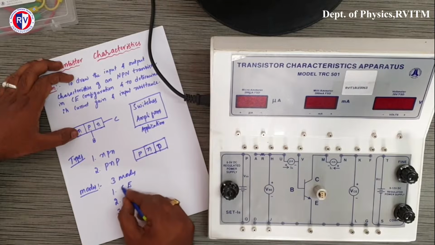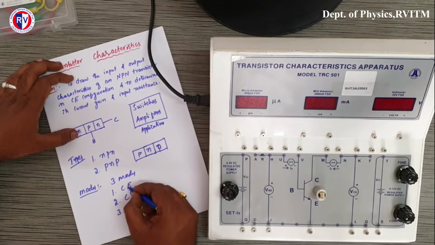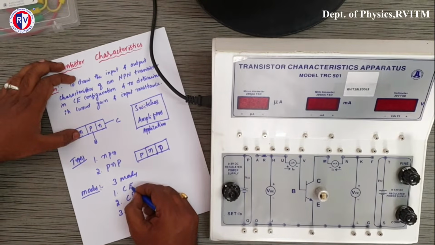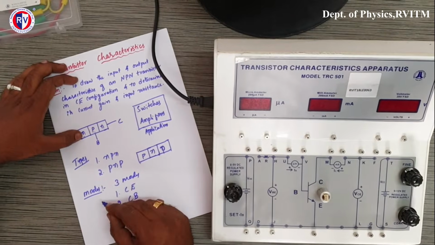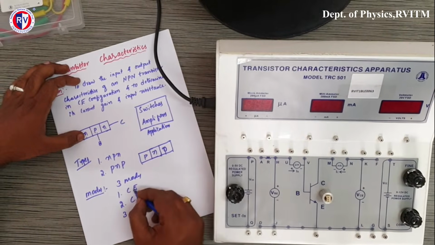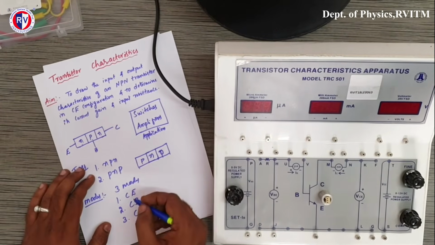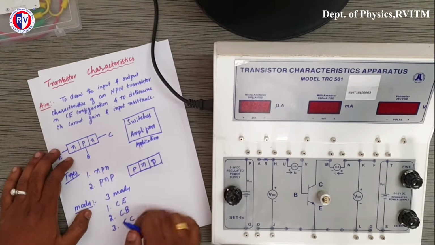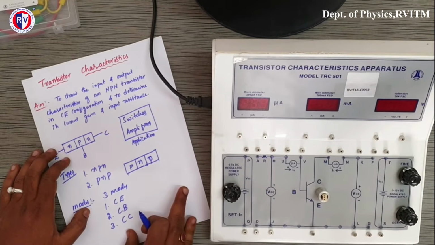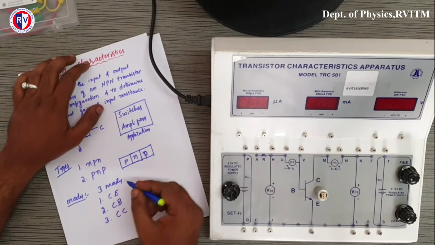In common emitter mode, the emitter is connected commonly to the base and collector, which is why it is called common emitter mode. Now let's come back to the circuit, where you will understand how this common emitter mode actually looks.